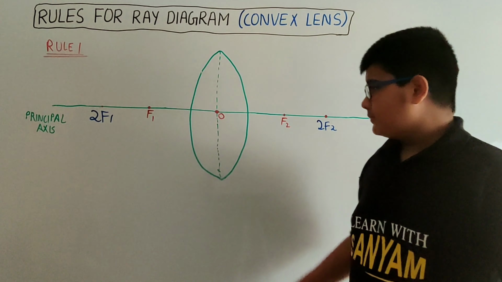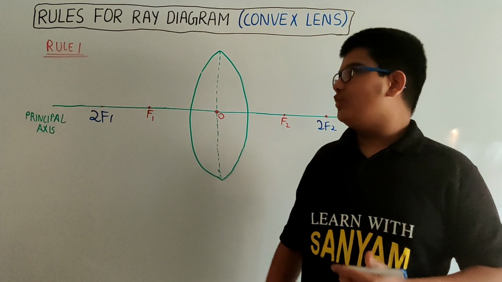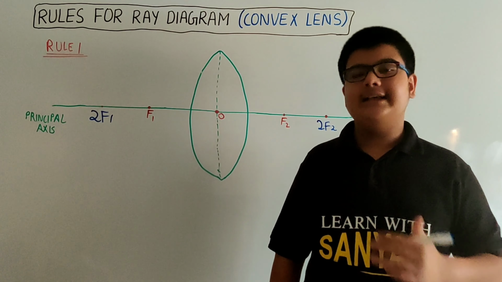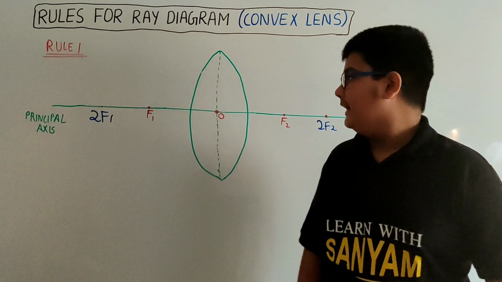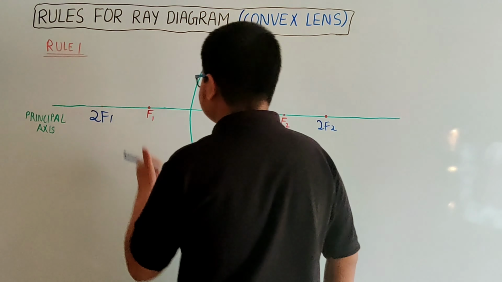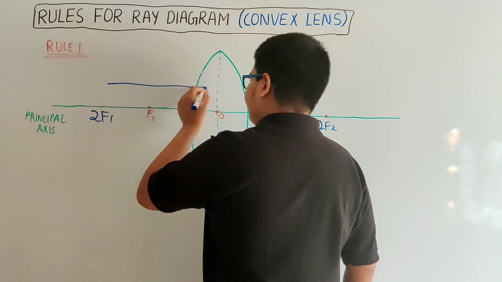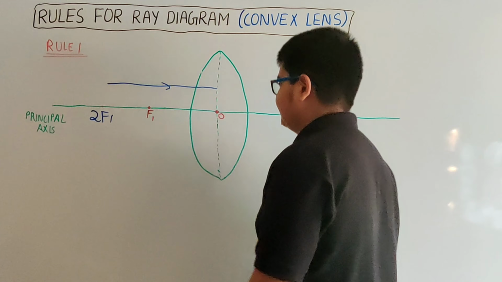So now let's discuss the rules. The first rule says that if the incident ray is parallel to the principal axis, then the refracted ray passes through the focus. So this is the principal axis, and let's draw an incident ray falling on this lens parallel to the principal axis.